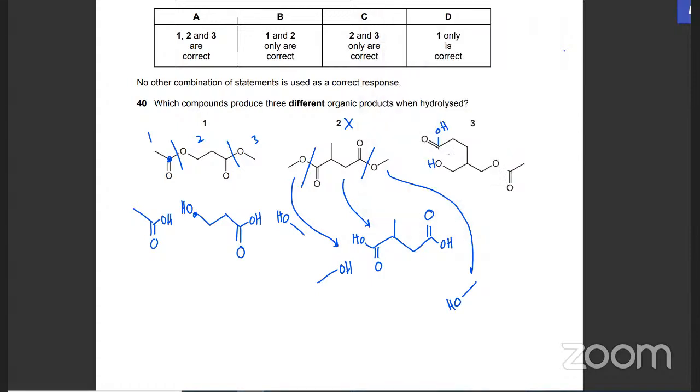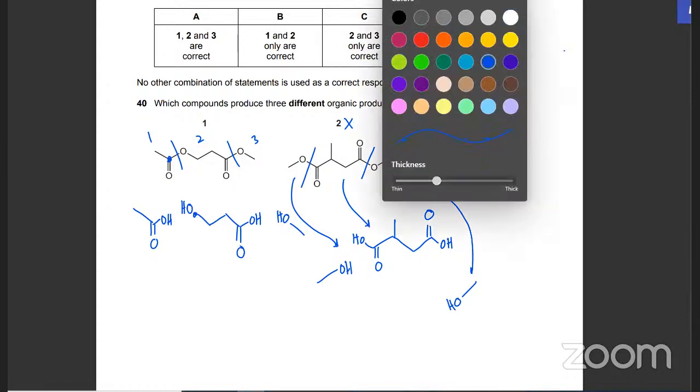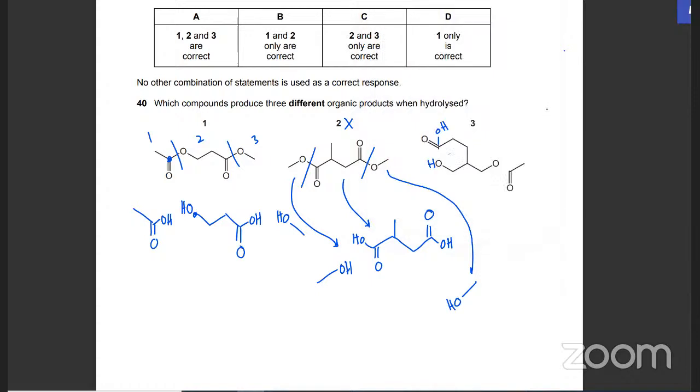So basically you're getting 2 products because the molecule did not split completely. Is that clear? So this is also wrong.